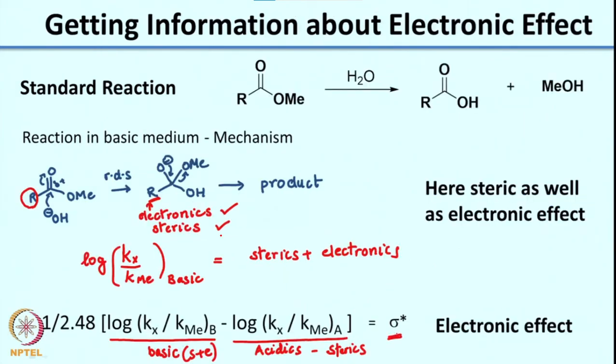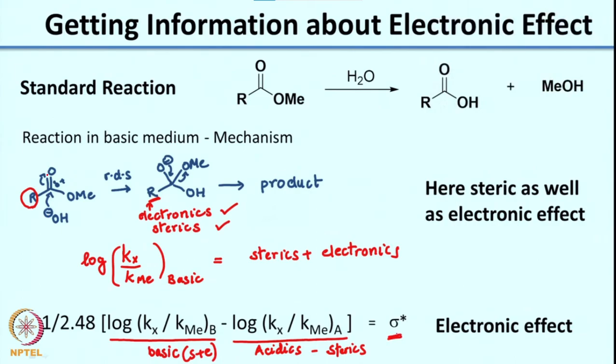Now let's talk about the basic medium. So in basic medium, what happens here? OH minus will attack the carbonyl carbon, and it will give the tetrahedral intermediate. Here, this is the RDS, the rate determining step, and you can see we have a charged species at the intermediate, right?